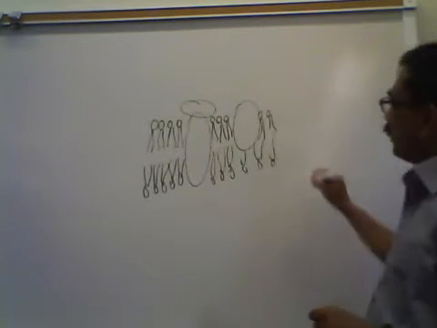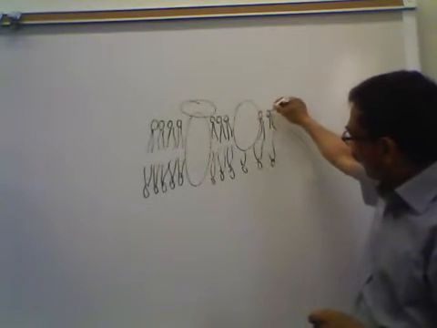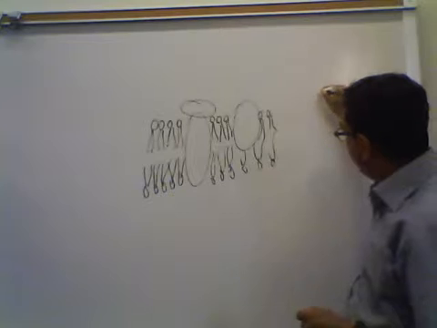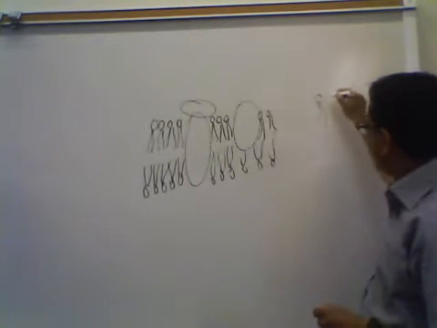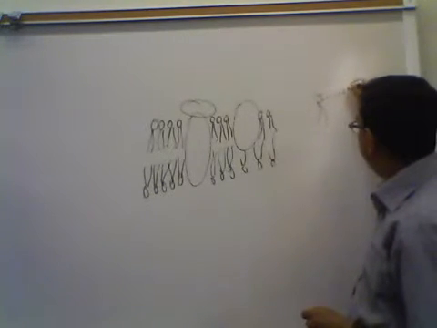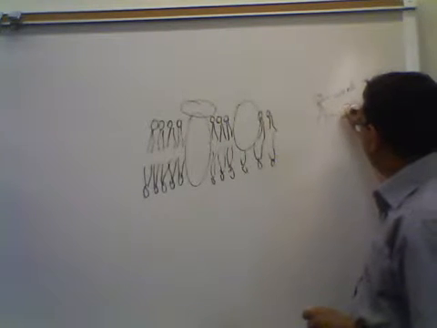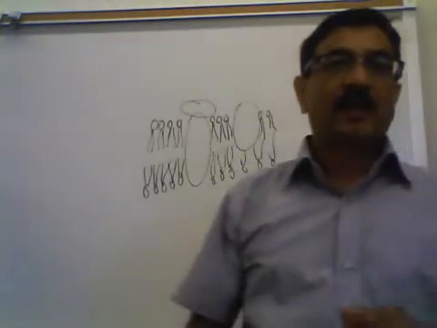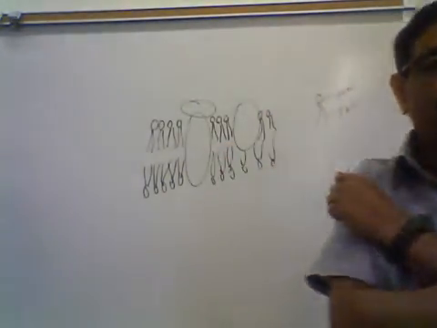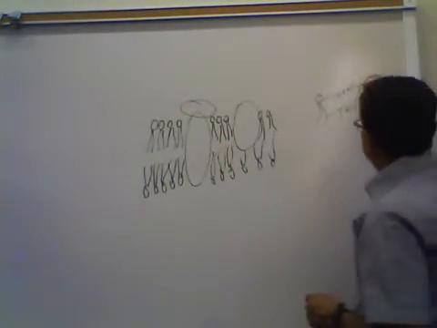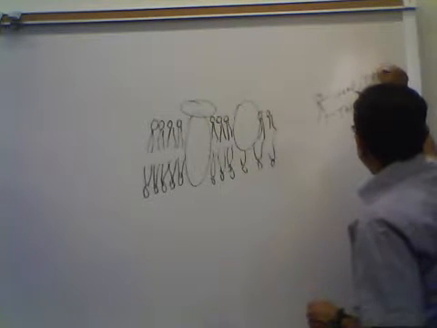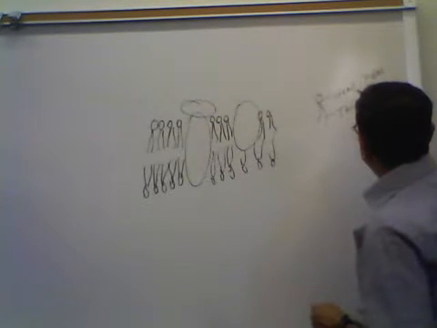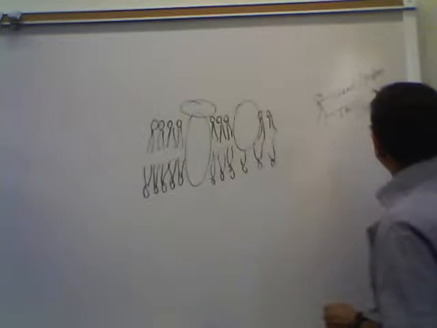Now, if you see a phospholipid unit or molecule, it has a head part and a tail part. Head part is also called polar end, and tail part is non-polar end.